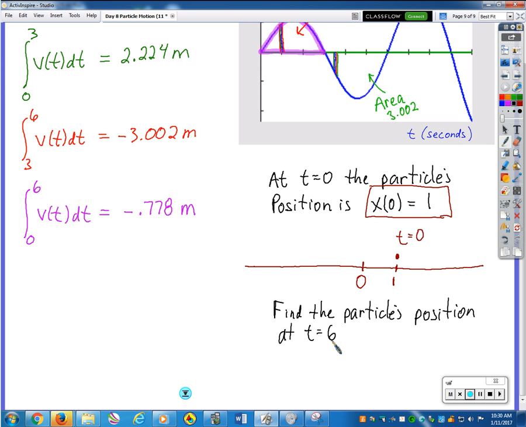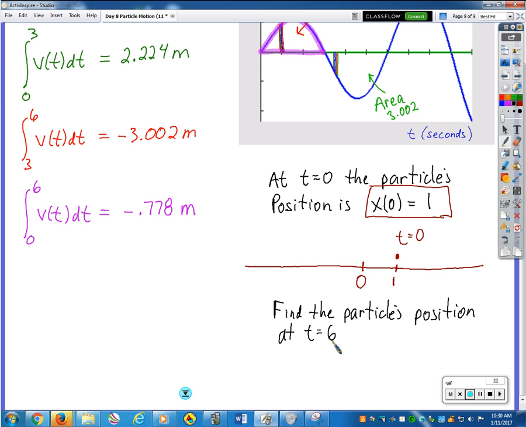Raise your hand if you can find it. You don't have to tell me the number, just tell me how to find it. Who knows how to find the position of the particle at time equals 6 based on what we've discussed?